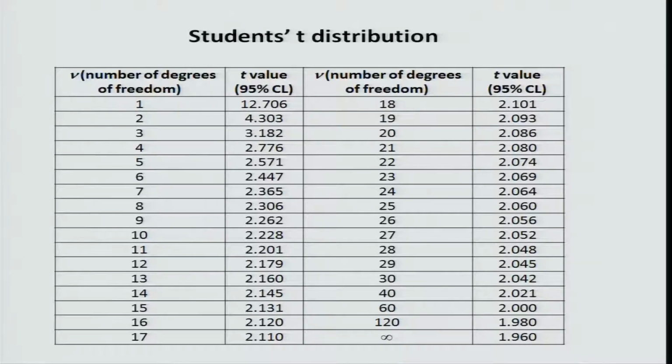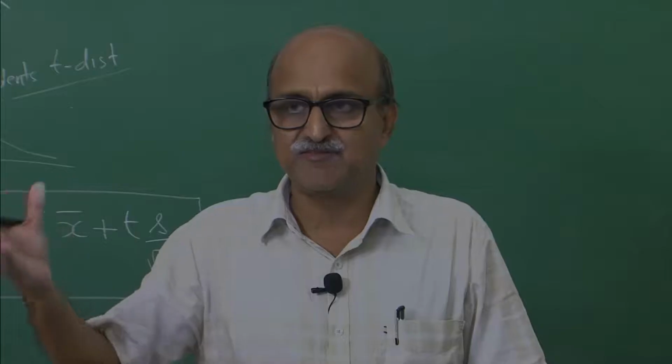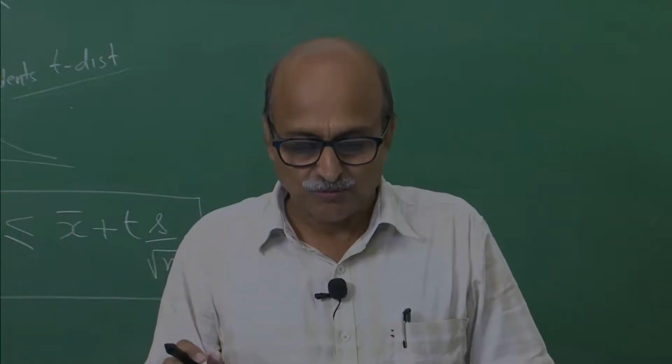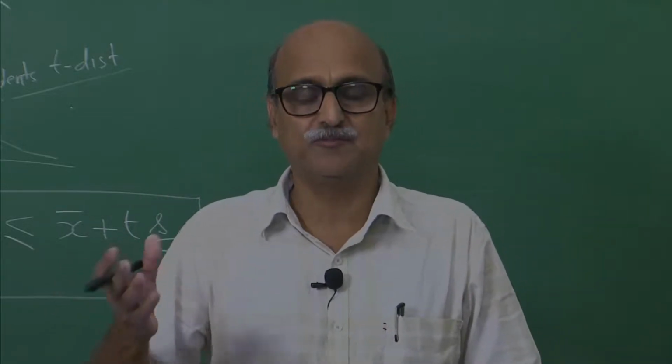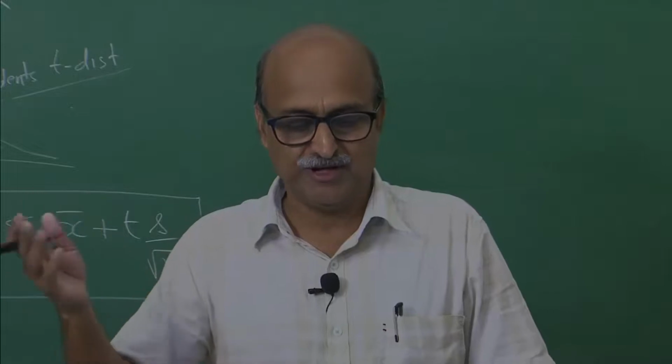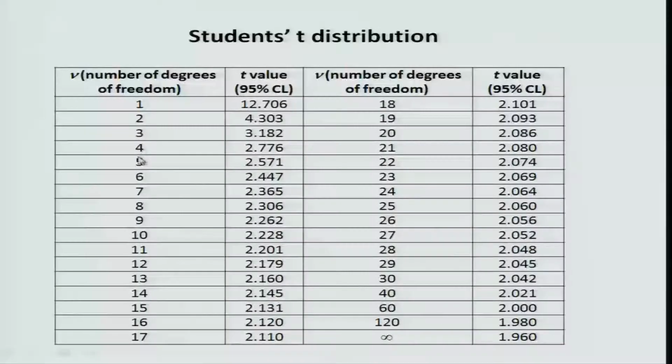So, for example, let us say I have measured 10 different areas of volume fraction, which means the number of degrees of freedom would be 10 minus 1, which is 9. So, I look up on the left, in the first column, 9 as the number of degrees of freedom, and the t value is 2.262.